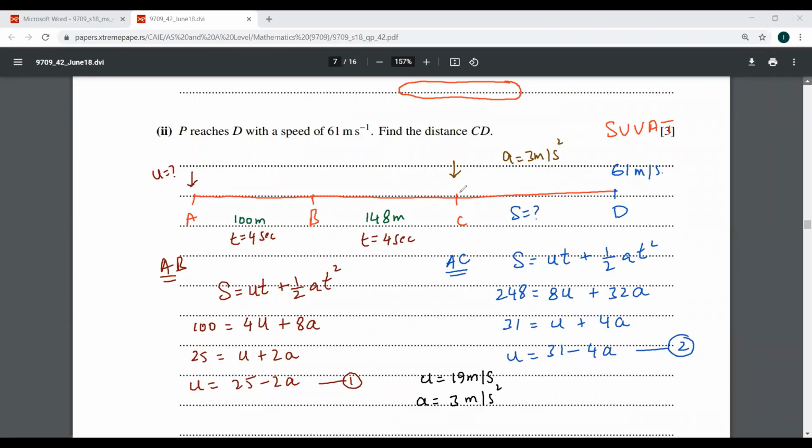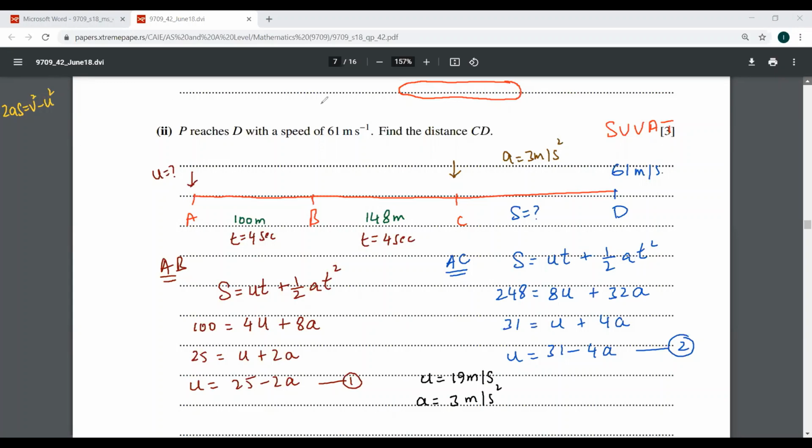Yeah, that will help us to determine this distance. Yeah, 2as equal to v square minus u square. There are two ways. One is that you can consider the whole part from A to D using that equation, 2as equal to v square minus u square. So let's do this then.